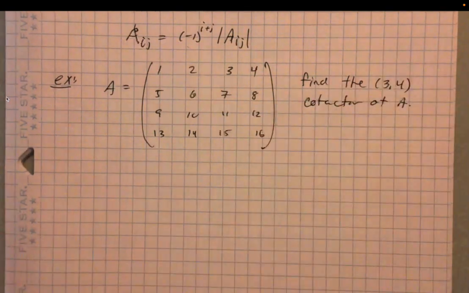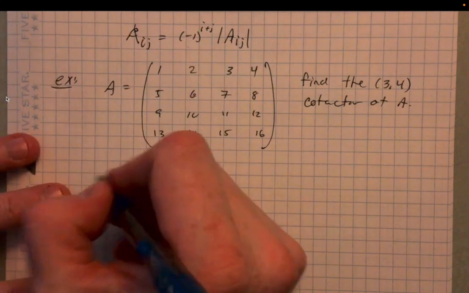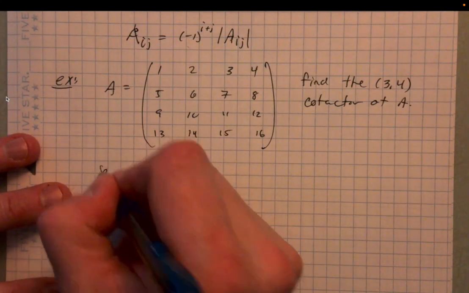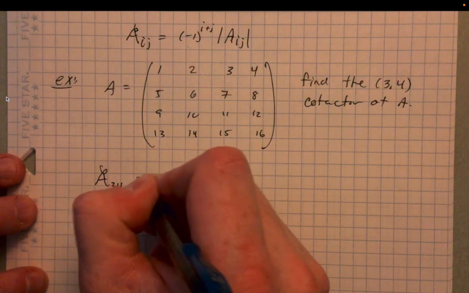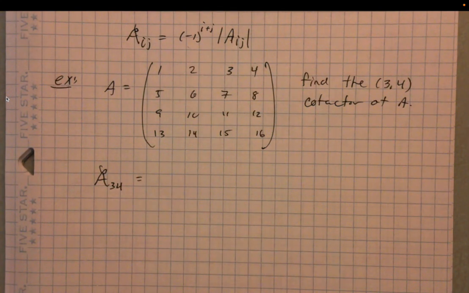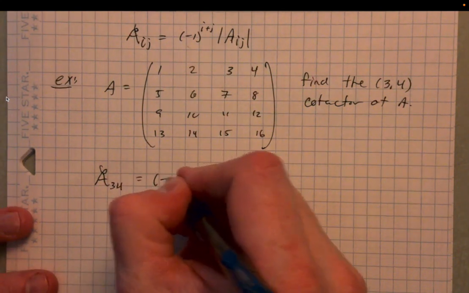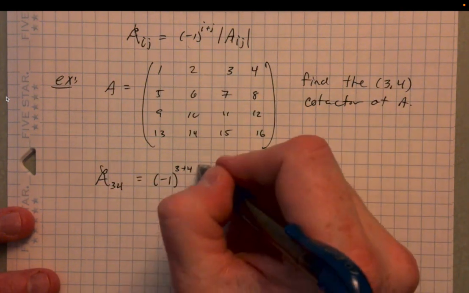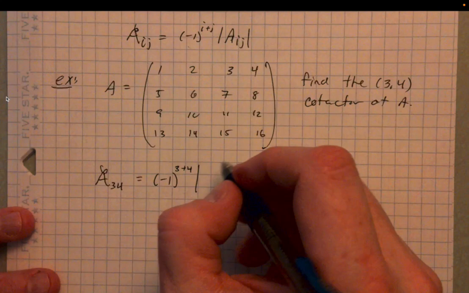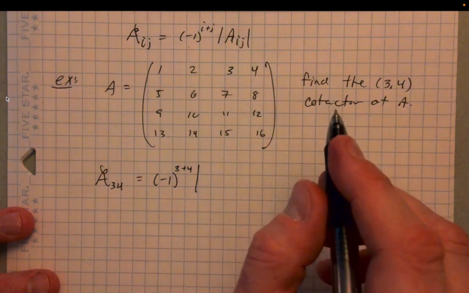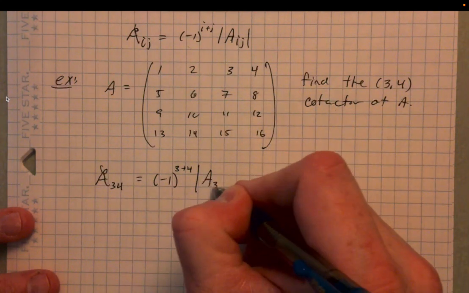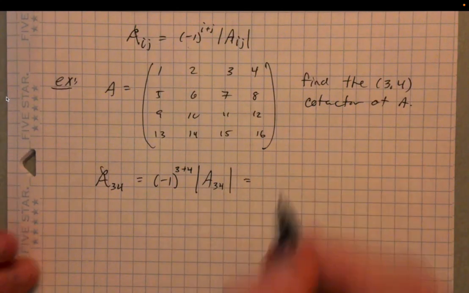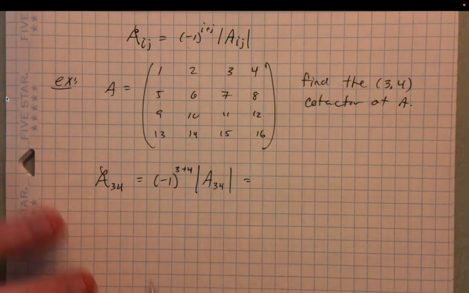So we just want to write that out. What is it? Again, it's A34, this cursive script. It's just going to be equal to -1 to the 3 plus 4 power times the determinant of the 3,4 submatrix. Let's talk this through.